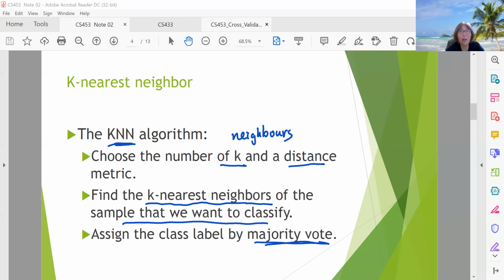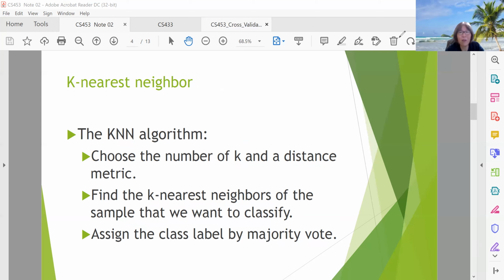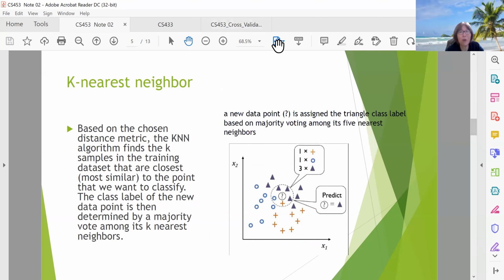And last time when we discussed random forest, we also got the concept of majority vote, okay? So here is a diagram showing it. In this case, K is 5, so 5 nearest neighbors.